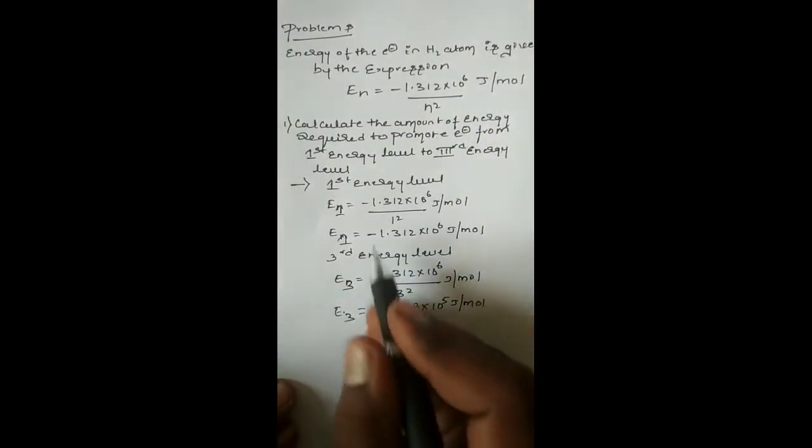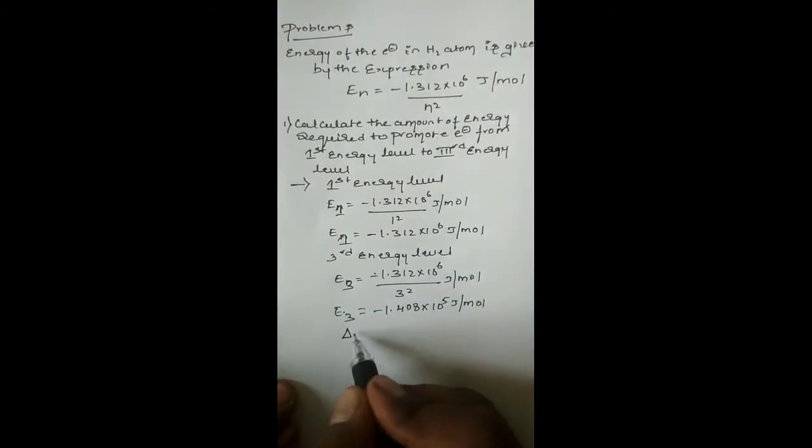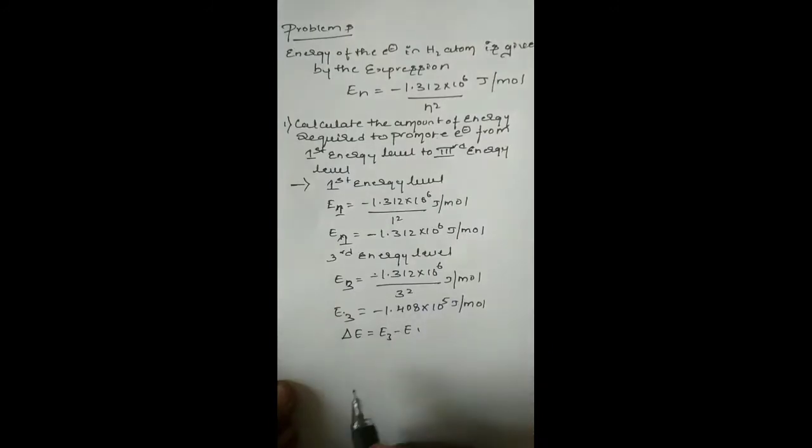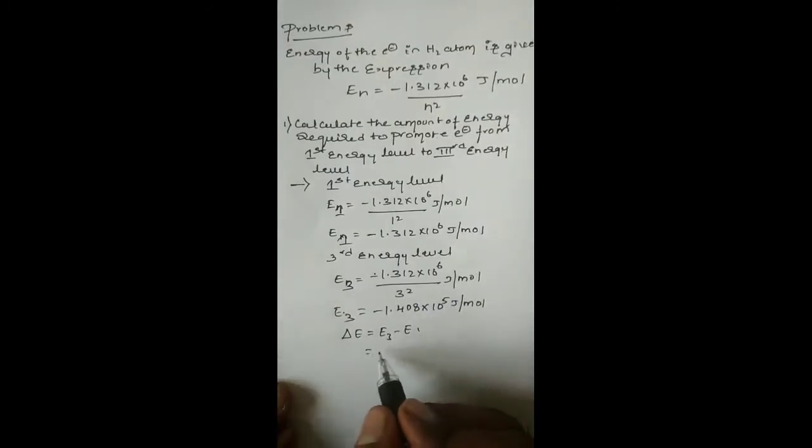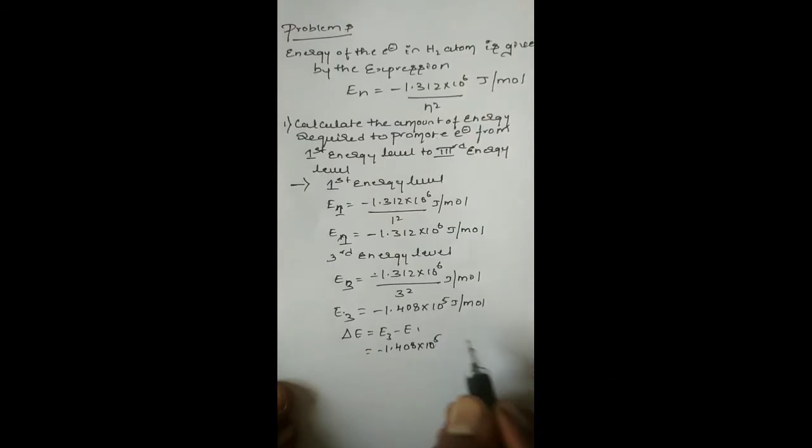Now we are going to calculate the change between these two. The energy change equals E3 minus E1. We get minus 1.408 into 10 to the power of 5 minus minus 1.312 into 10 to the power of 6.